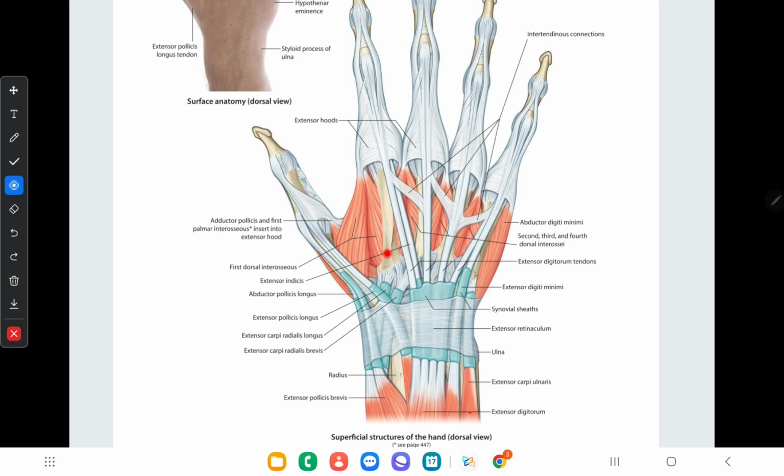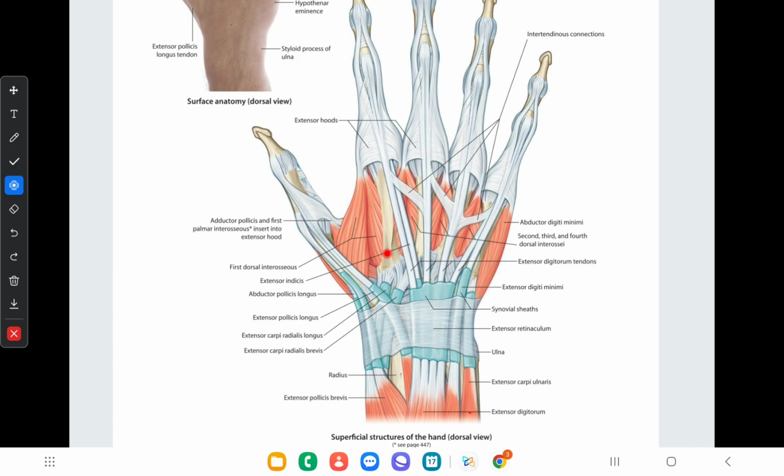Then what happens is, when there is loss of extension, the wrist is more flexed. We call this wrist drop. I'll show you a picture later. When it is damaged in the axilla, the same thing happens.